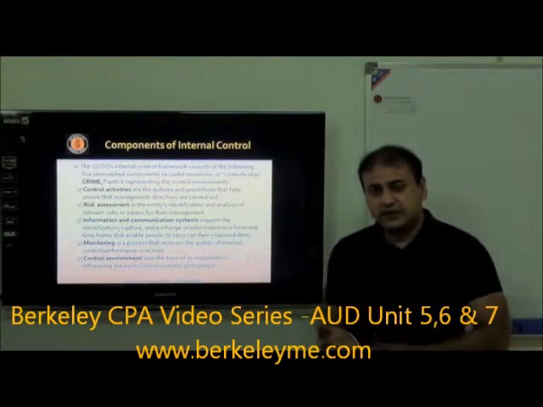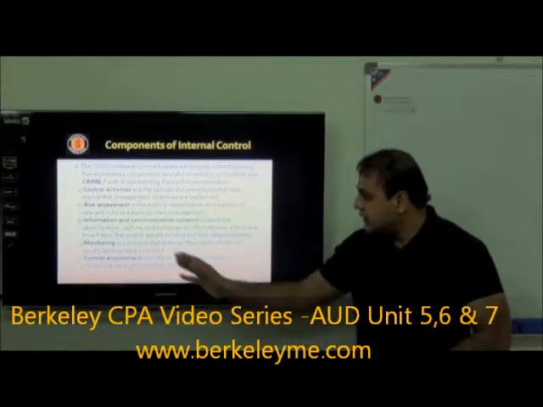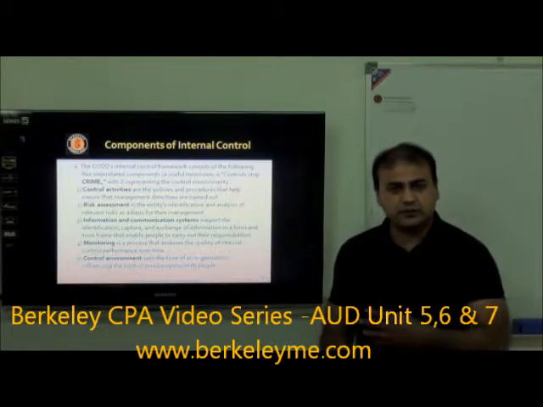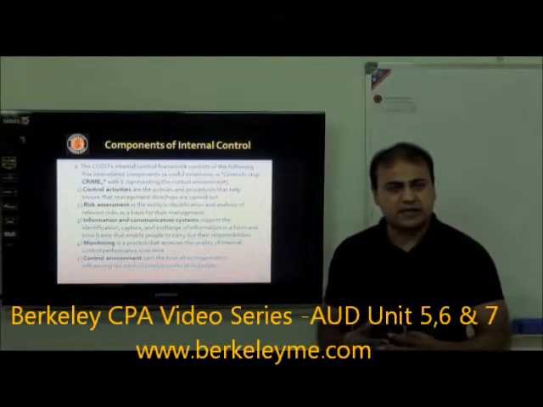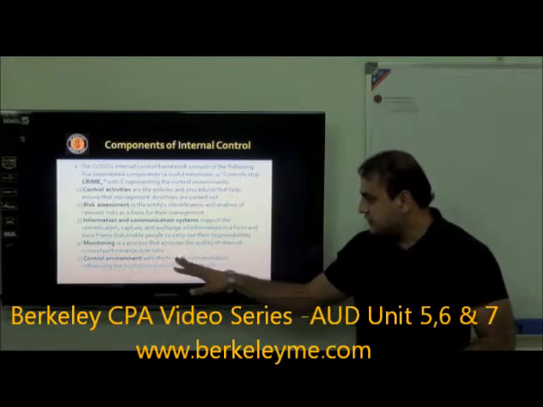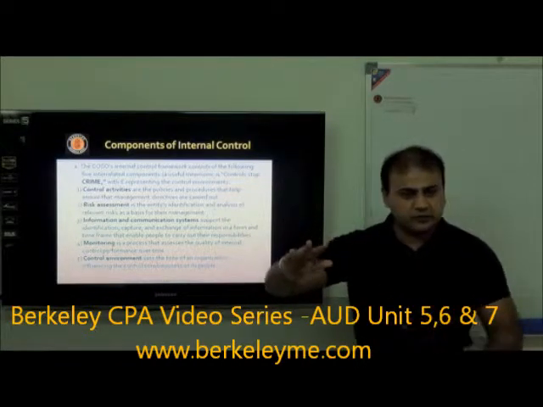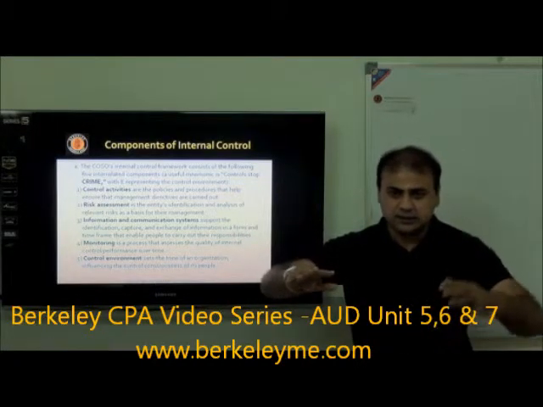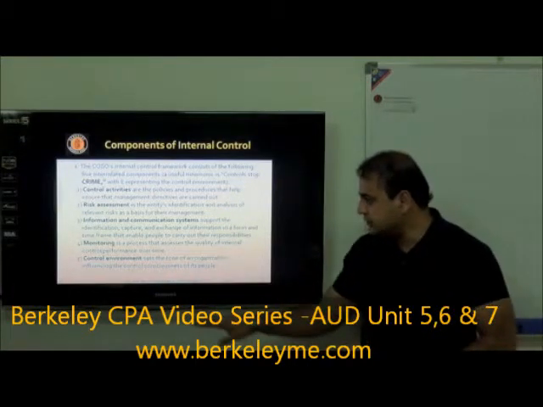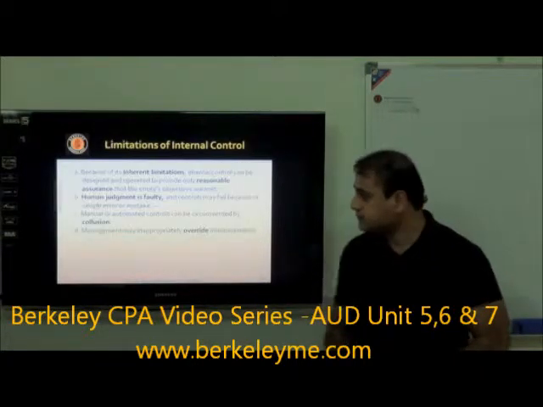It should be preventive and it should be detective. Then information and communication systems: how the communication between the departments, employees, personnel and procedures will go on. Monitoring is a process that assesses the quality. Once you define the rules, day to day you have to monitor that things are aligned. And the control environment sets the tone of an organization, influencing the control consciousness of the people.